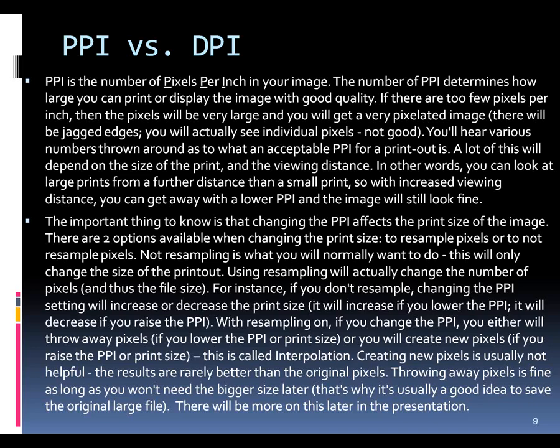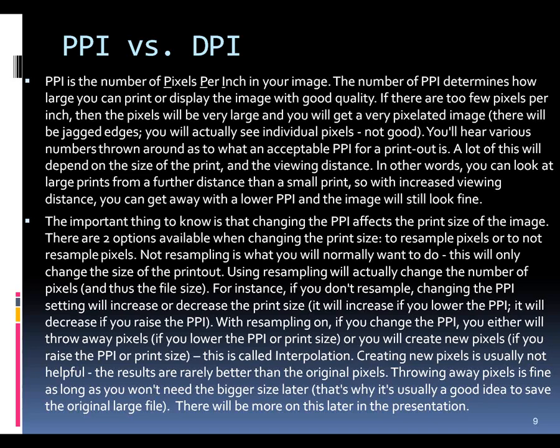Technically, whenever we're talking about an image on your computer, we should be using the term PPI because it's pixels, not dots. DPI is really for the printer. Printers print dots, so the dots in a printer are the DPI. That being said, I'm kind of bad about this.